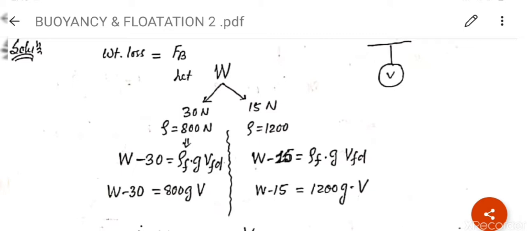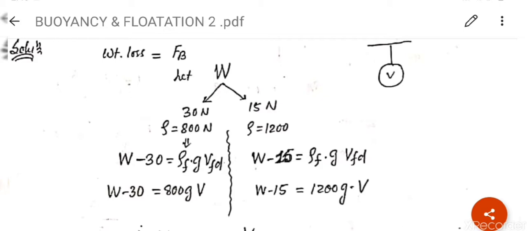Clear. So I am separating out with the help of arrow. This is the question which is based on the concept of weight loss. So actual weight of the body is W minus 30, which is showing on the weighing balance, is equal to rho F g into volume of fluid displaced. In second case, after vertical line, W minus 15 is equal to rho F into g into volume of fluid displaced.